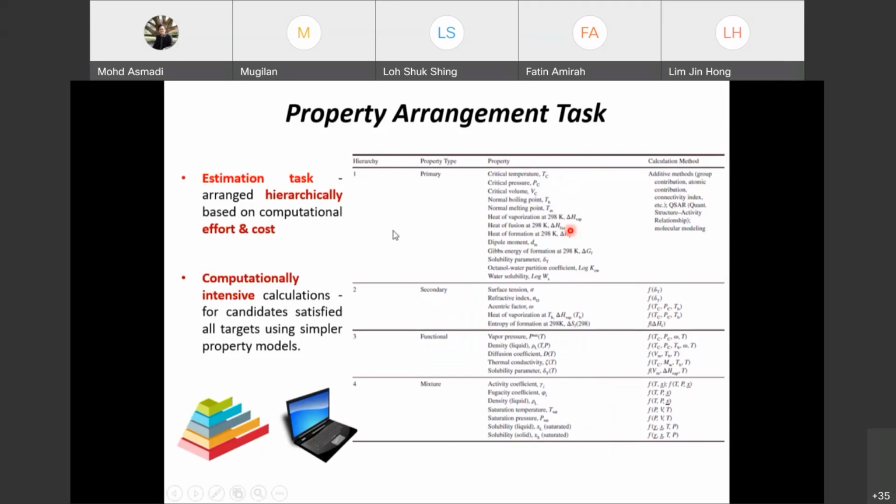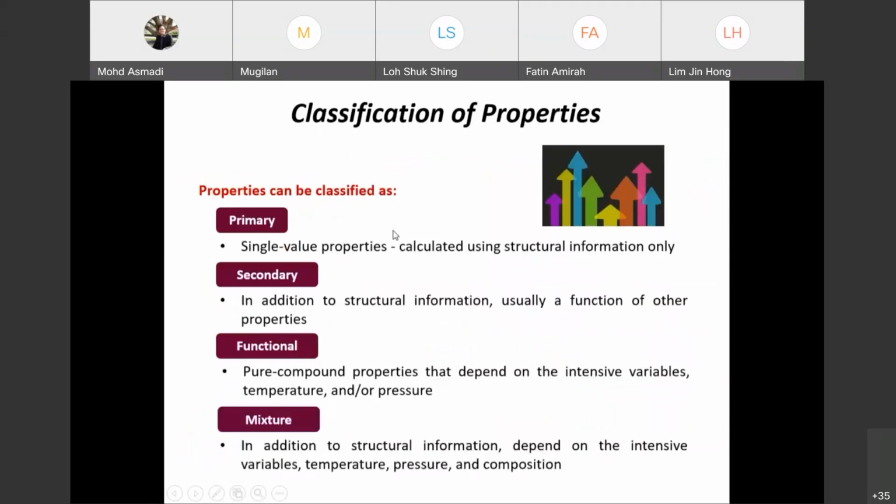So the classification of the properties we can define from the previous tables. Primary is the single value properties, which we calculate using the structural information. Secondary is in addition to the structural information from the primary, usually a function of other properties.